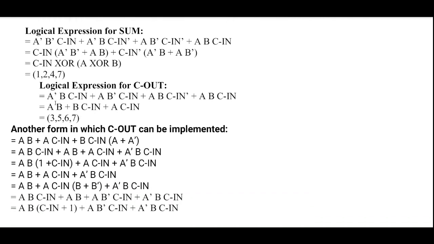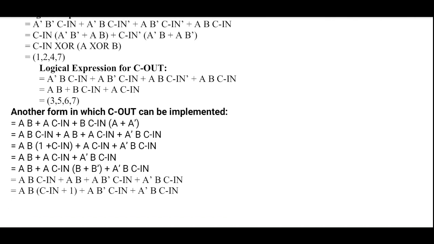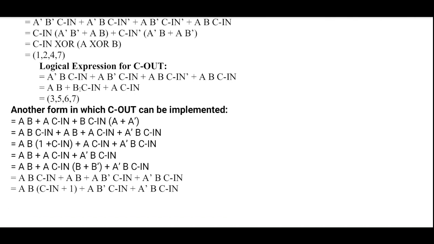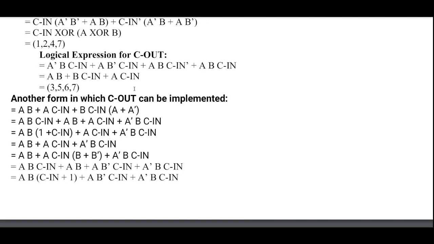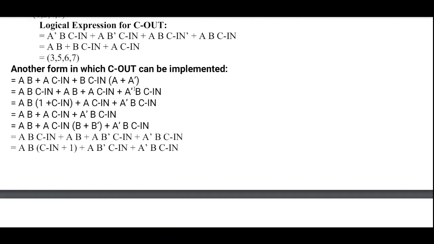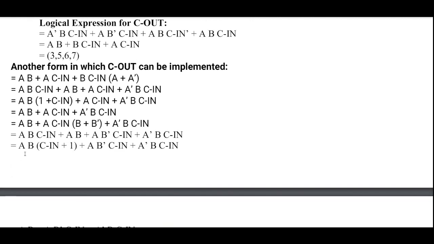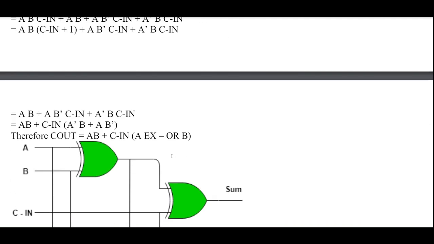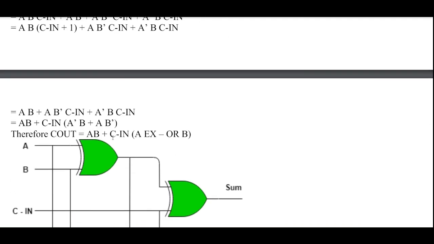But this AB plus BC plus AC can be implemented in another form: AB into (C plus 1) plus A complement B C, and after simplifying we get AB plus C into (A XOR B).